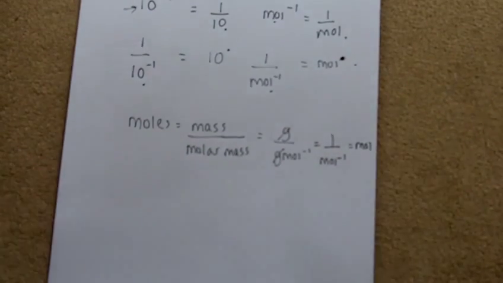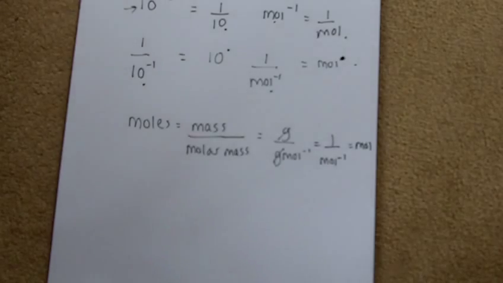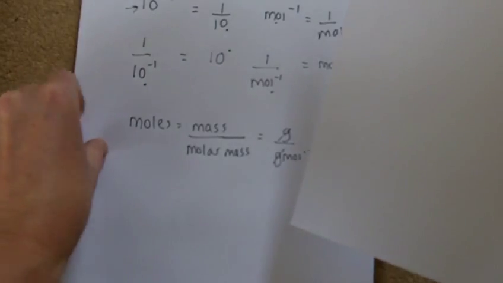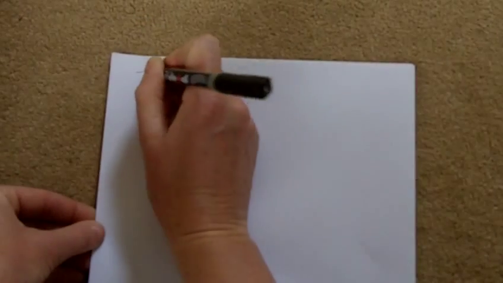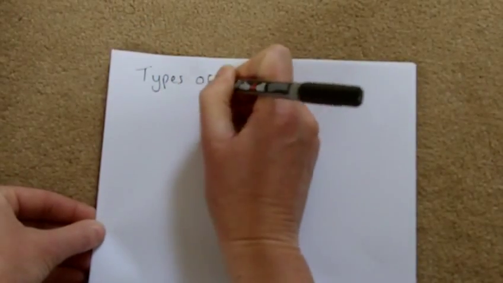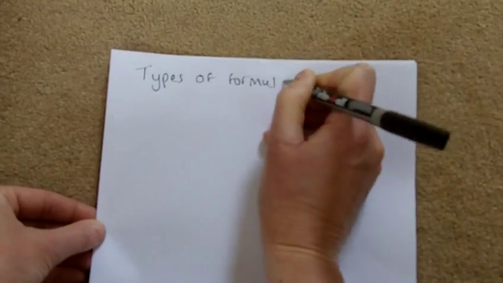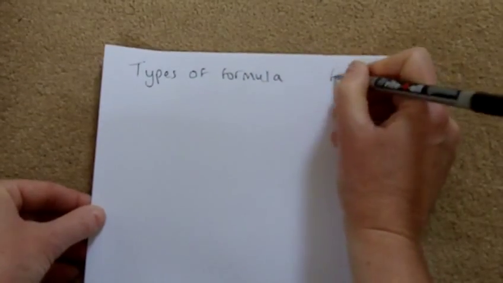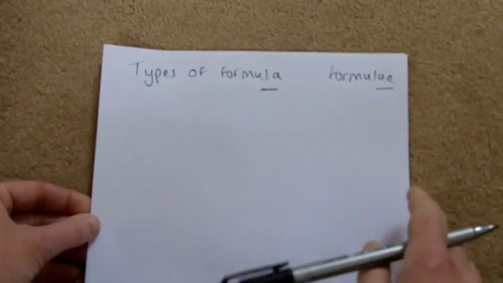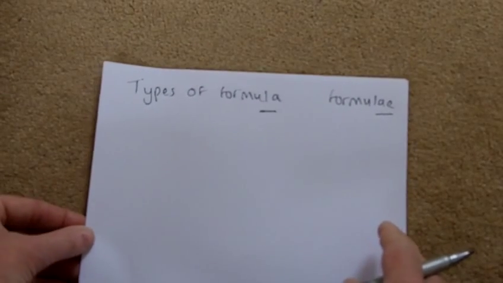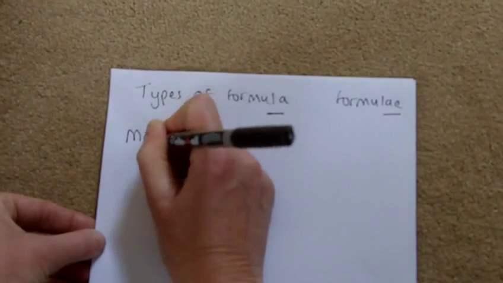Okay, right. So something else you have to make notes on for next week is types of formula. Remember, formulae is the plural and formula is singular. So the first type of formula is molecular formula.